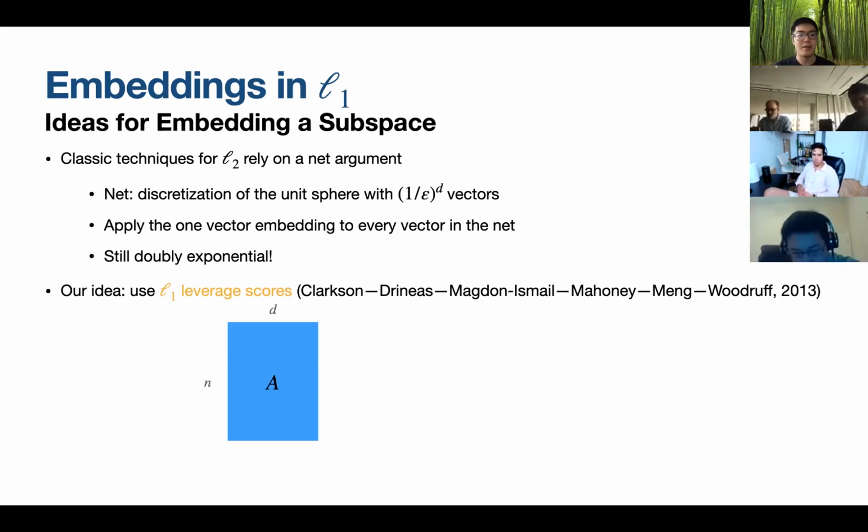Recall that we had a matrix A, an n by D matrix, which specified our D-dimensional subspace. Associated with this matrix is a vector known as the L1 leverage scores.